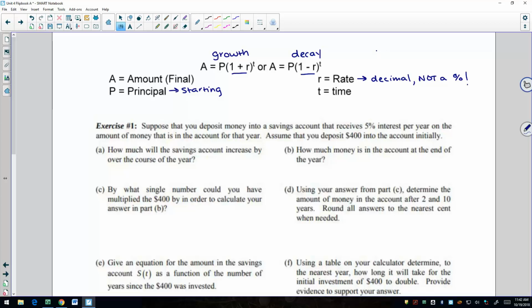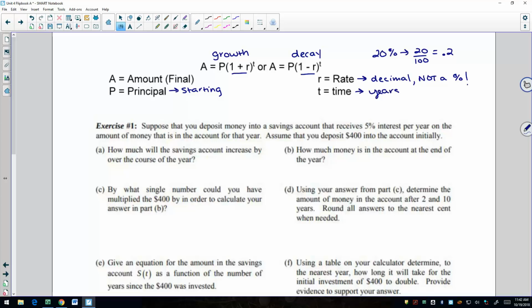So if I gave you a percent of 20%, to convert that, you would do 20 divided by 100, which is 0.2 or 0.20, but 0.2. So be careful. That should be the first thing you do: take your percent and automatically turn it into a decimal.